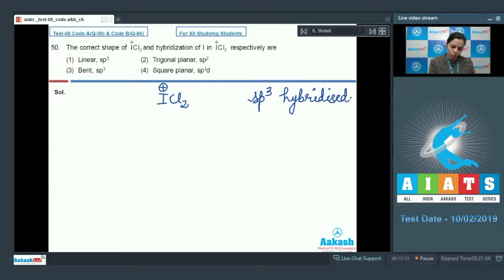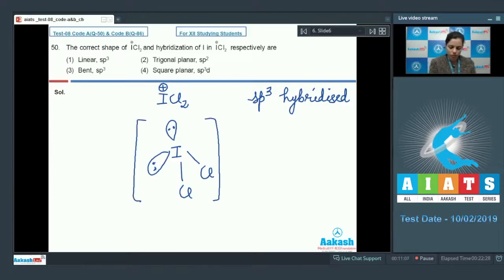And the shape would be bent due to the presence of 2 lone pairs. It's bent because 2 lone pairs are present on I. That's why it is bent in shape. On the basis of this, option 3 is the correct option that I will choose here.